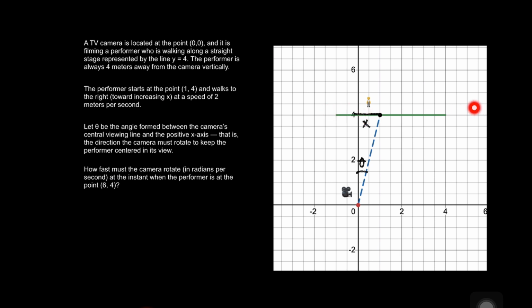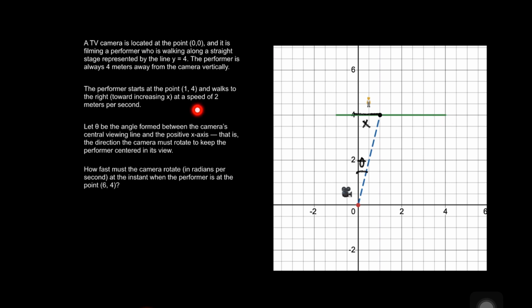So we're on that line y equals 4. That performer is starting right here at the point 1, 4. And they're walking to the right. So this distance, which I'm calling x, as that performer moves, is going to be increasing.